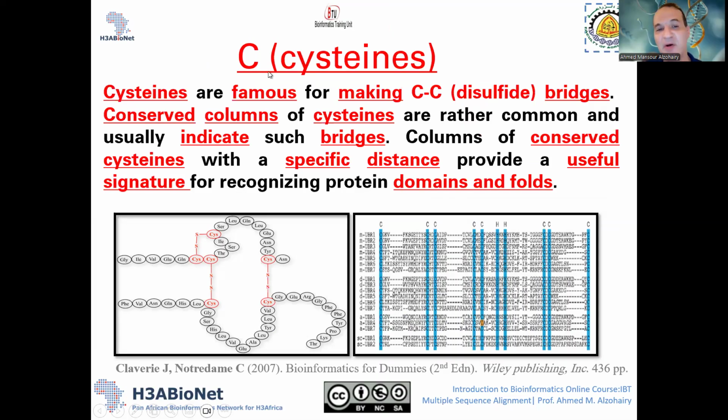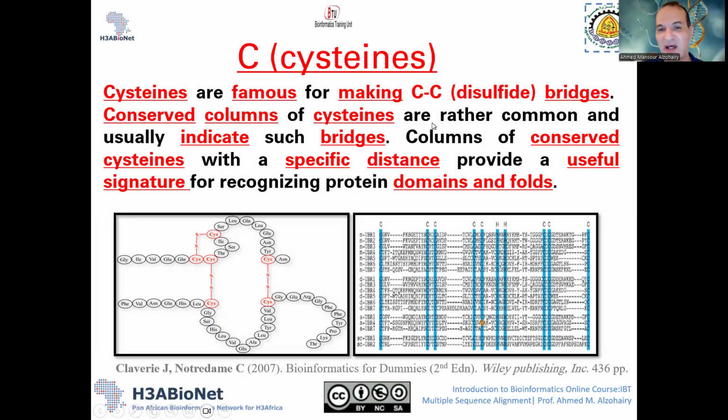Okay, now we'll talk about cysteine. What if I see a column with conserved cysteine, like this one here, this one here, this one here, these conserved positions of cysteine only? Take a look here. Cysteines are famous for making disulfide bridges.